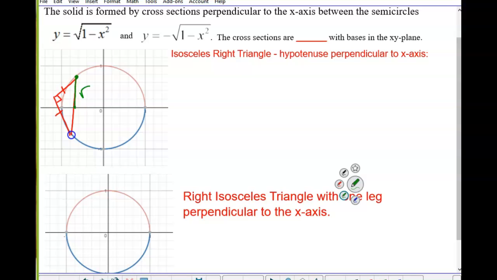The side is double the length of this equation. And since I don't have that on the screen, I'm just going to rewrite it.